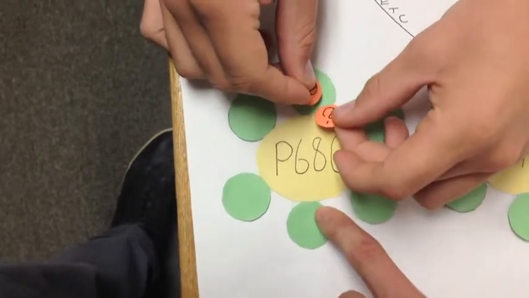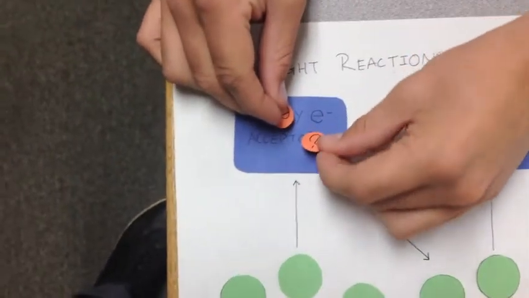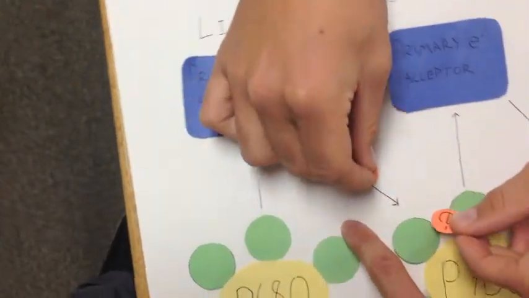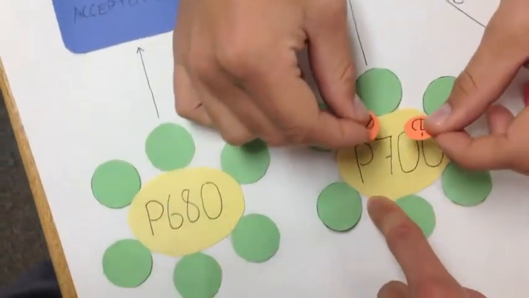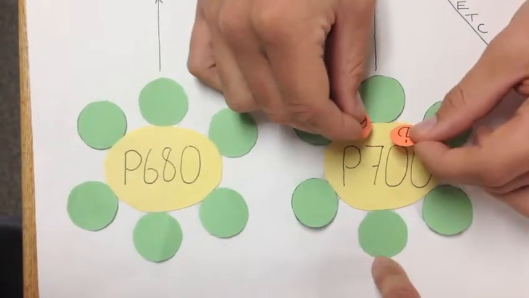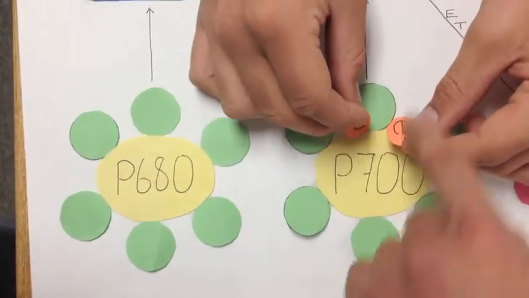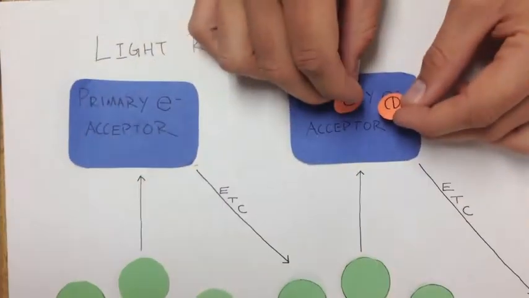These electrons are then sent up to the primary electron acceptor, and then, through the electron transfer chain, come to photosystem number 1. Again, the same deal with the chlorophylls, which attract light, and what happens is the electrons get re-energized, so they're sent to another primary electron acceptor.